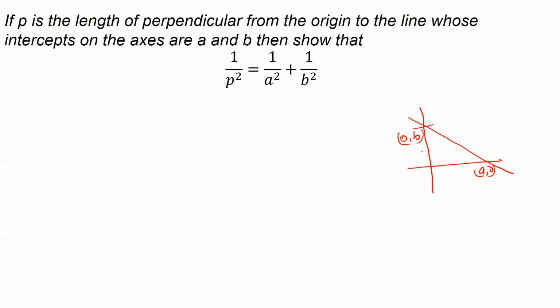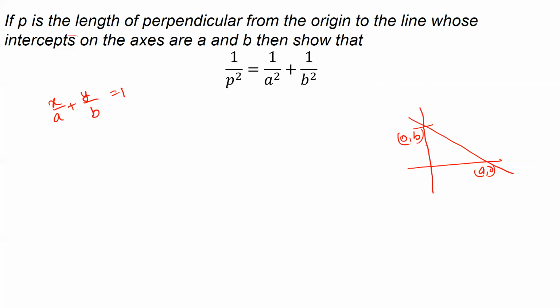So what can we say from the intercept form? That the required equation of our line will be x by a plus y by b is equal to 1, because this is what the intercept form says. If we are having a line which makes x intercept equal to a units and y intercept equal to b units, then the equation of the line is x by a plus y by b is equal to 1. So this is the equation of the line, and p is the length of the perpendicular from the origin.